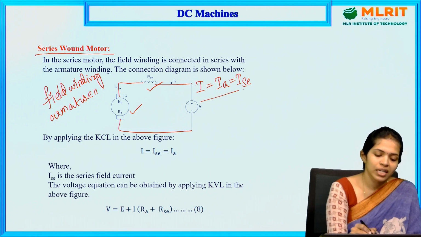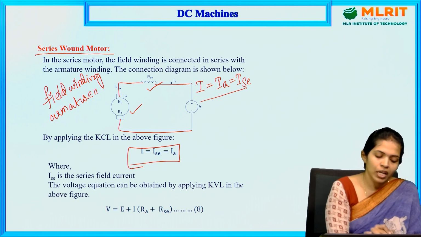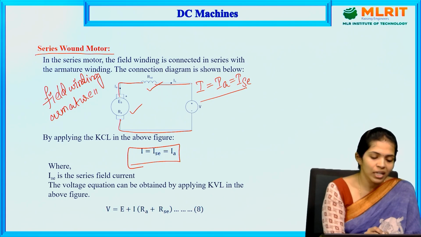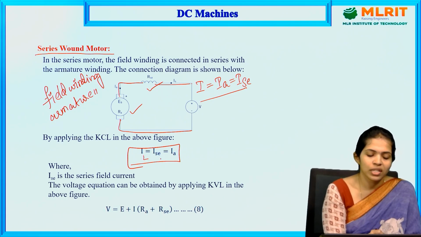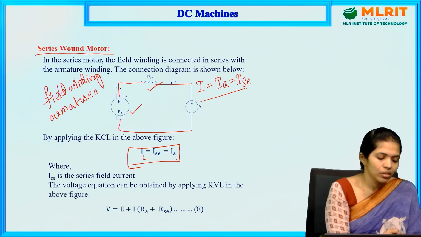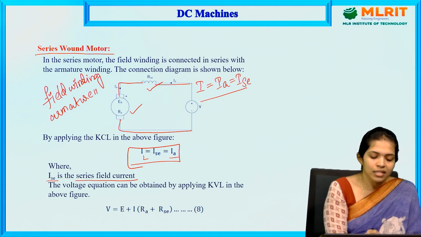So this is the current equation according to KCL. Only one current will be flowing in the series circuit, so we can equate the line current to the series field current and the armature current, where ISE is the series field current and IA is the armature current.